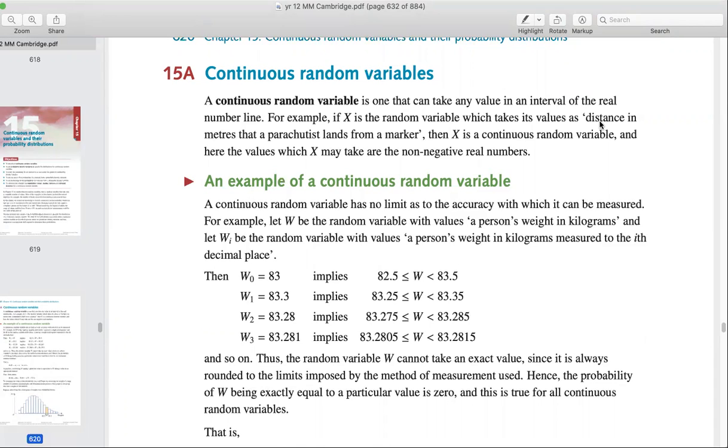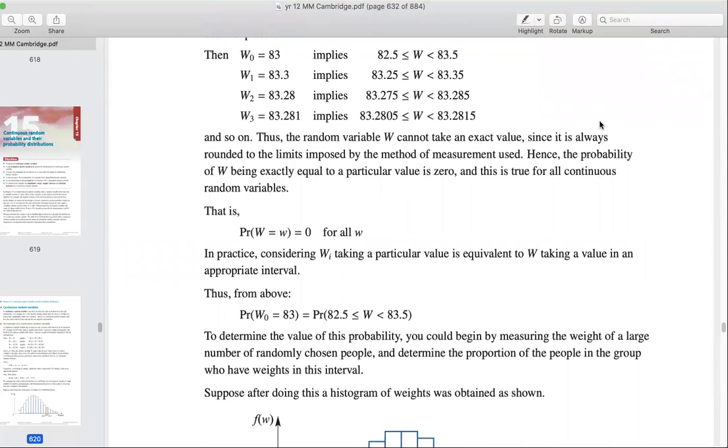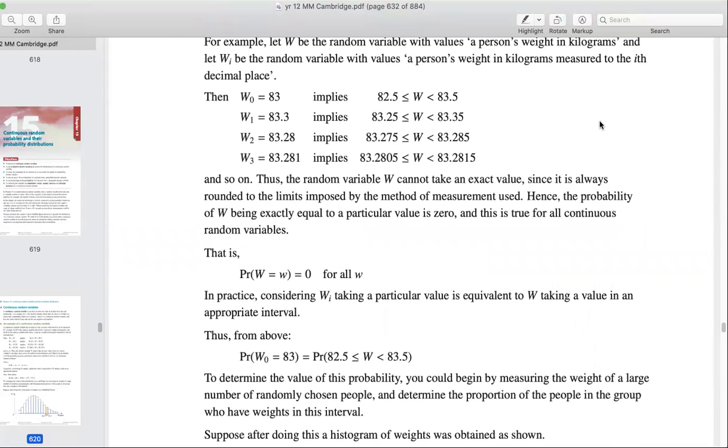If we keep giving decimal places, we will know the weight precisely, but essentially the overall weight will have infinitely many decimal places, right? That's why we need to know that this one we can continuously keep going.